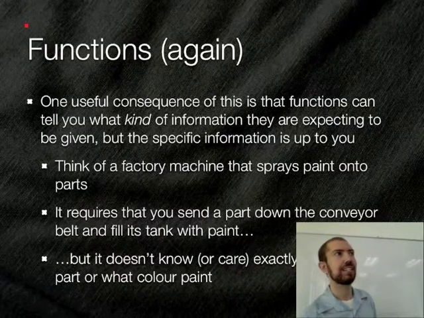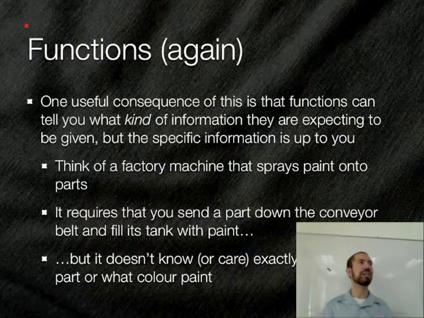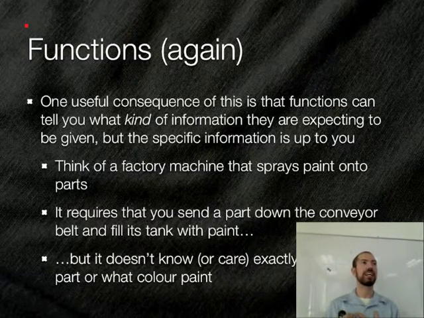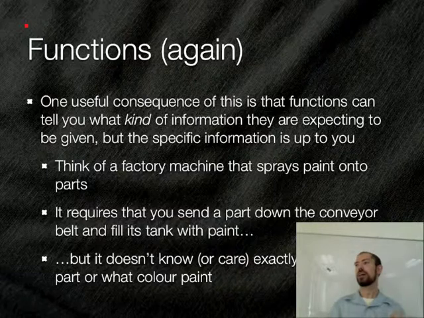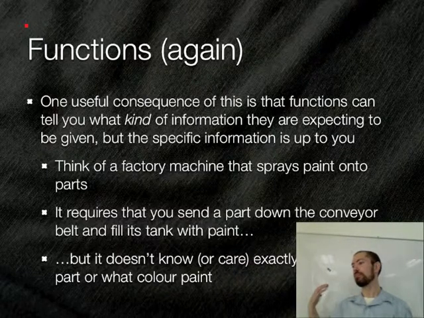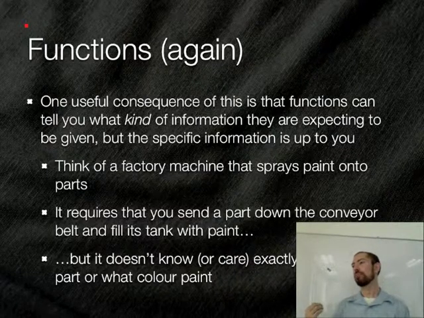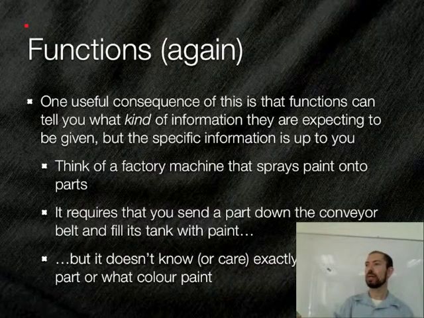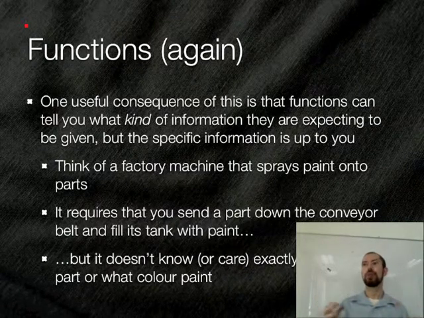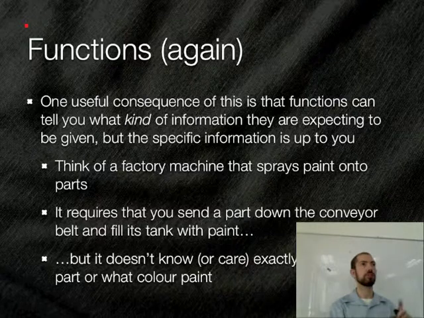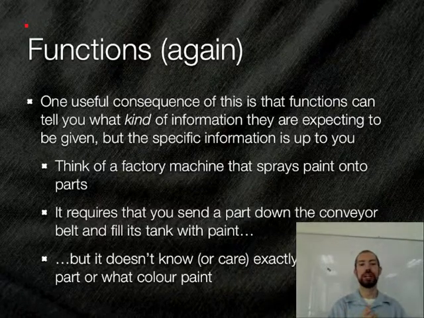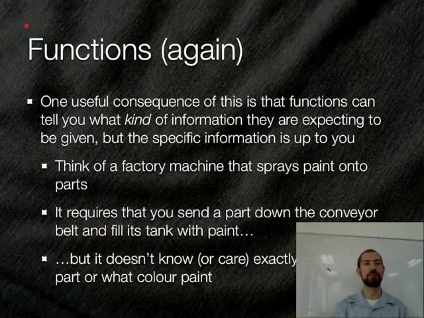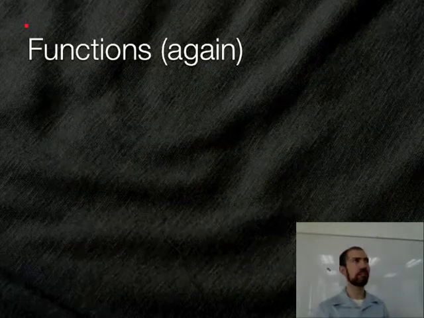So the basic idea is that outside this function, I might have some grand idea about building a car, and I'll send in a naked bumper, and I'm like, all right, well, first I need to get a bumper painted, and then I'll put that on the car. But all the function knows is part and some paint, and it doesn't need to know what the grand scheme is. Okay? Is that kind of making sense to people?